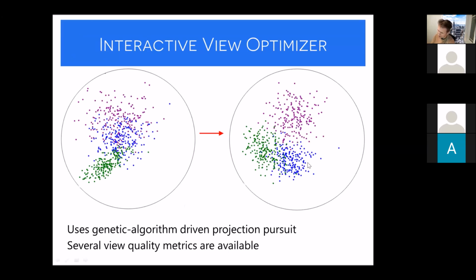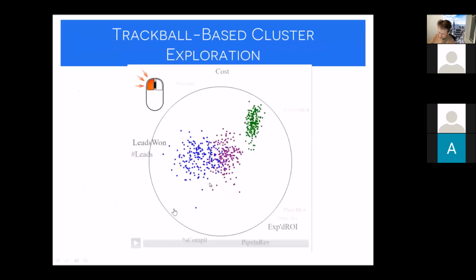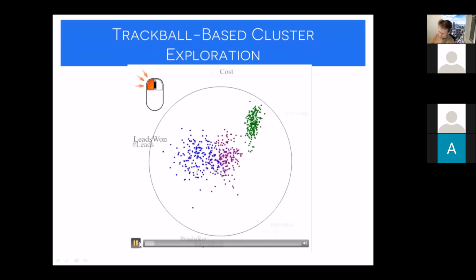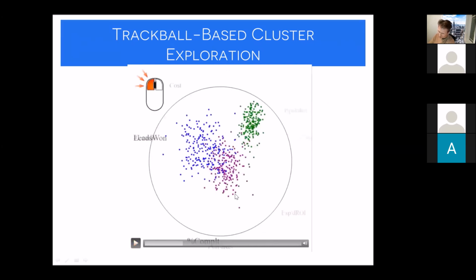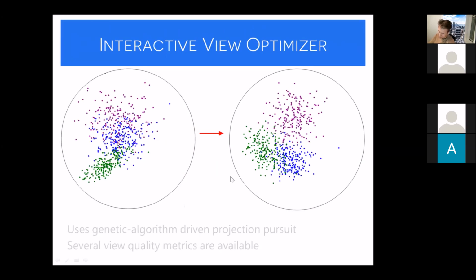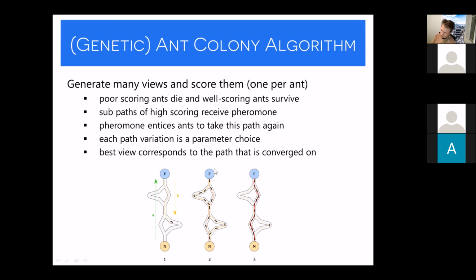So I can come up with a metric that tells me how good a clustering is and how good not. Each ant rotates, arrives at a certain point, creates a view, and at the end I can measure the quality of this view.